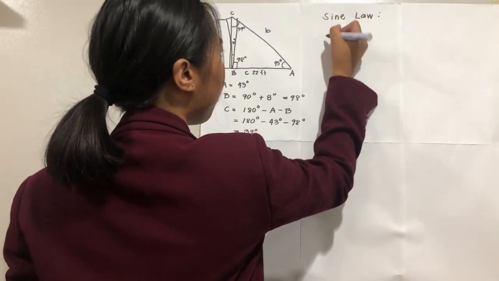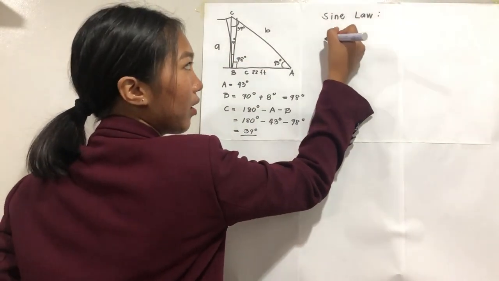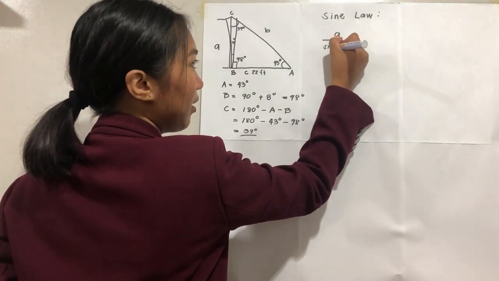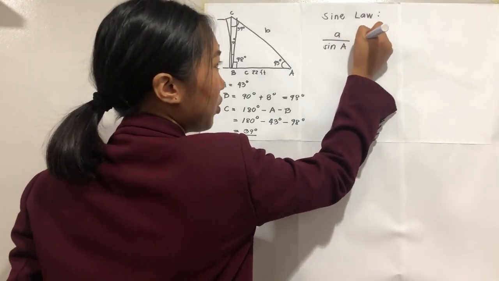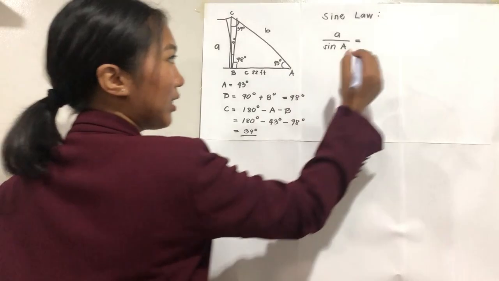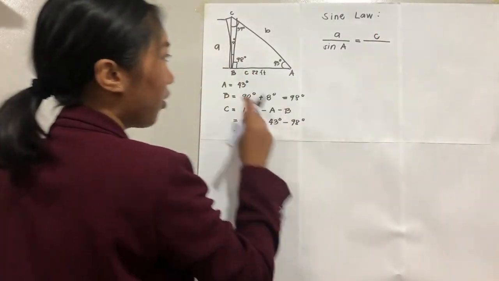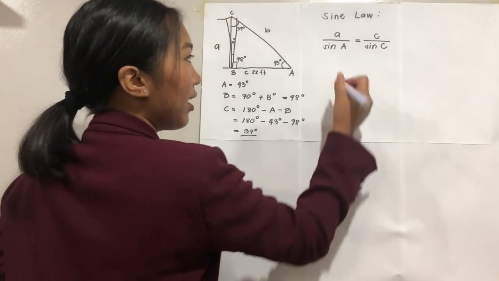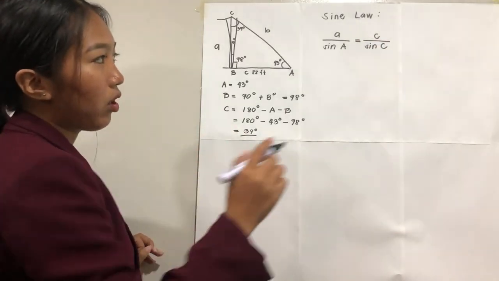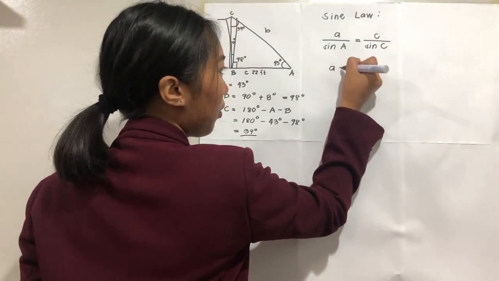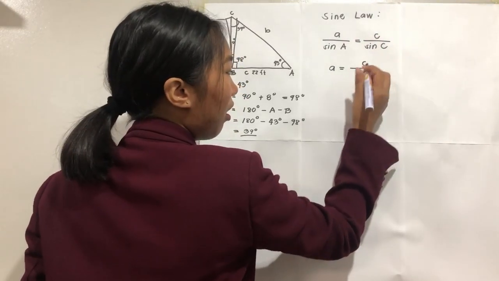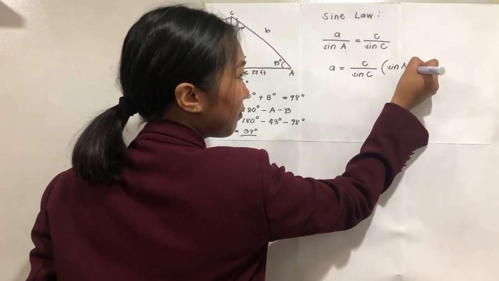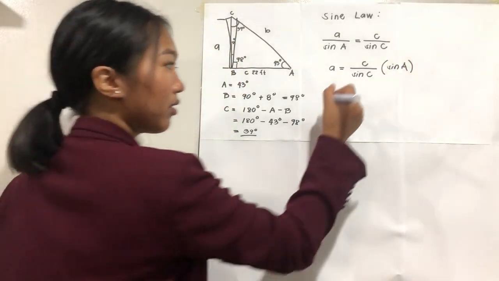So the height of the pole is A, over its opposite angle A, so sine A, is equal to the shadow of the pole C, over its opposite angle C, so sine C. Let's cross multiply, it will give us A is equal to C all over sine C times sine A. Substitute the values.